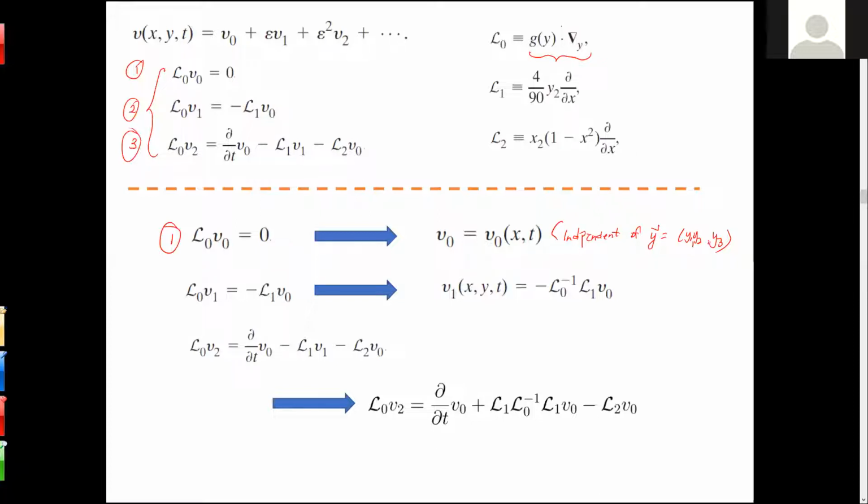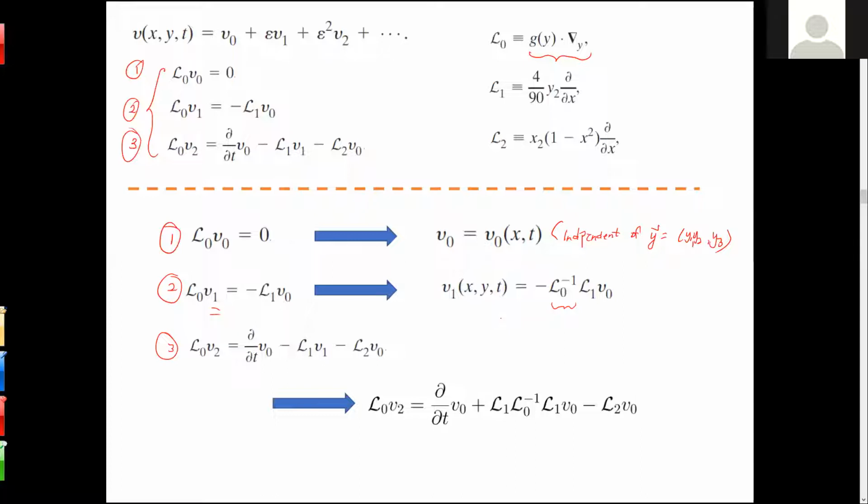Okay. From the second equation, you can compute V1. Why are we computing V1? Because we will use that for the third equation. Again, there are some technicalities about this inverse operator, L0 inverse. If you're not that familiar with operators, you can just think of them as functions.